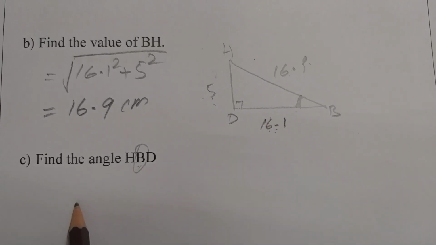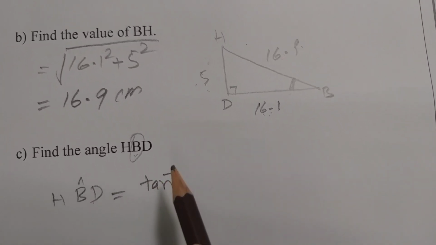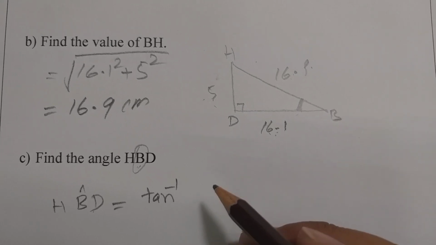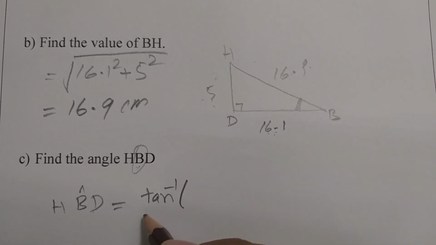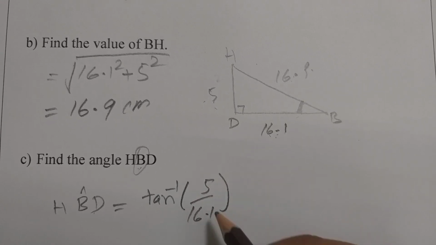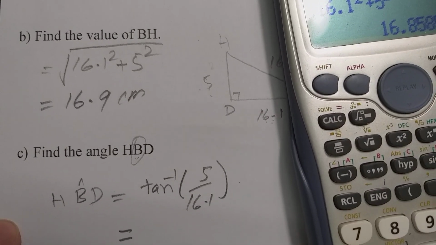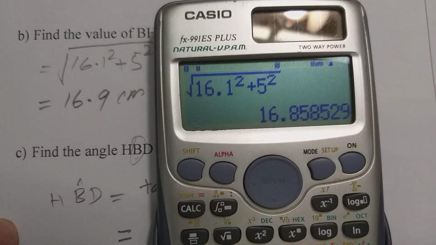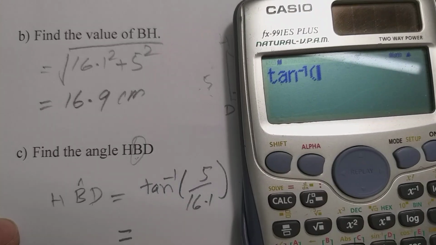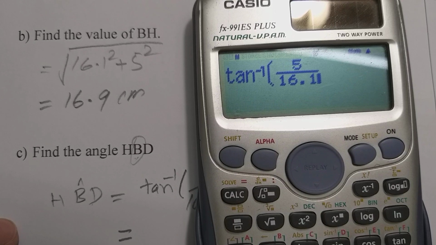Whenever we need to find an angle, we go for shift tan. So angle HBD equals tan inverse of 5 over 16.1. Shift tan, 5 divided by 16.1, close the bracket.